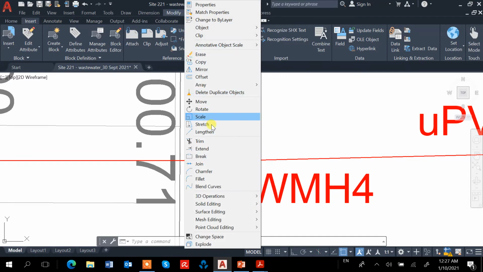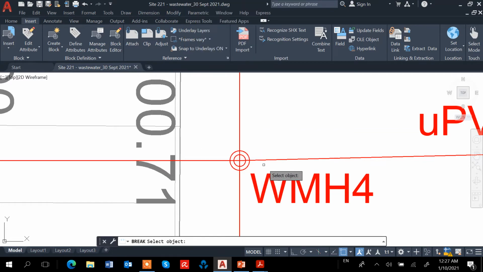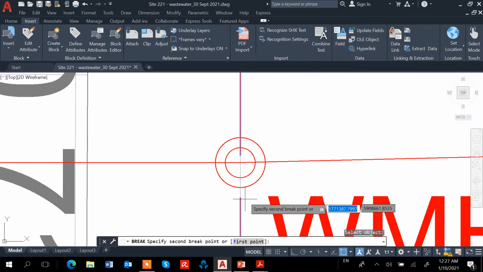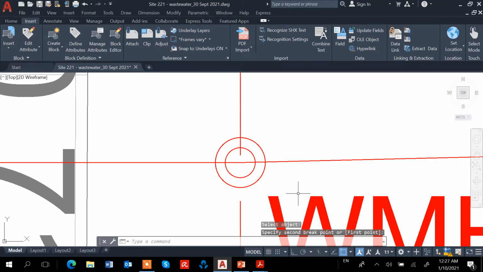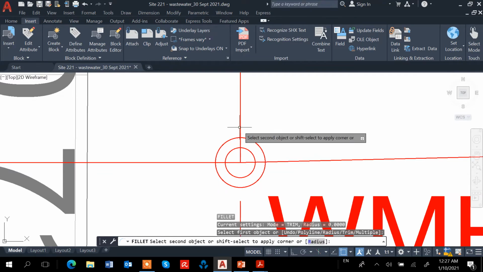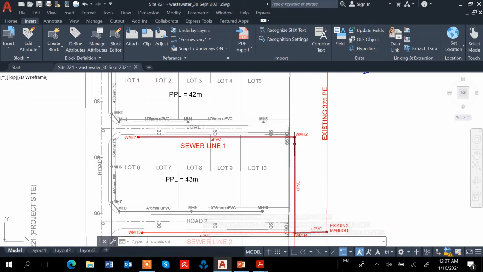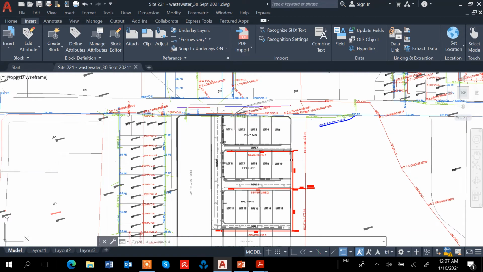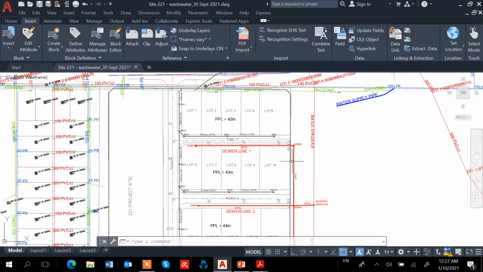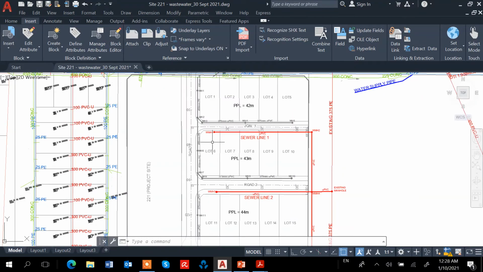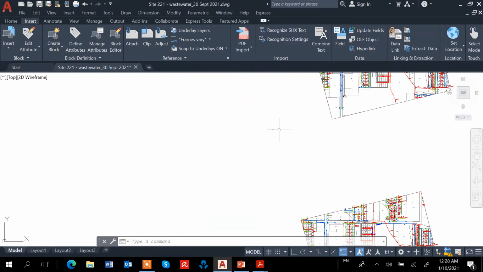I go to break, spread that, and I need to fillet that. Okay, so this is one entity. I think they all join up into one continuous line.